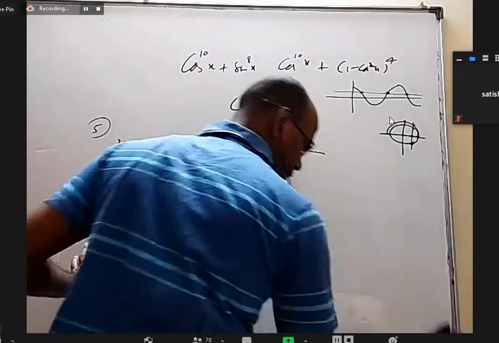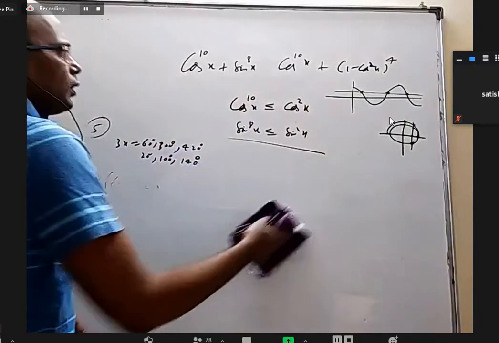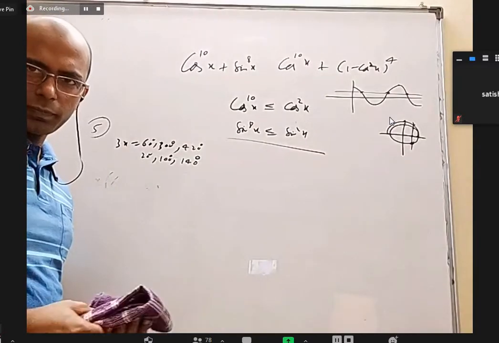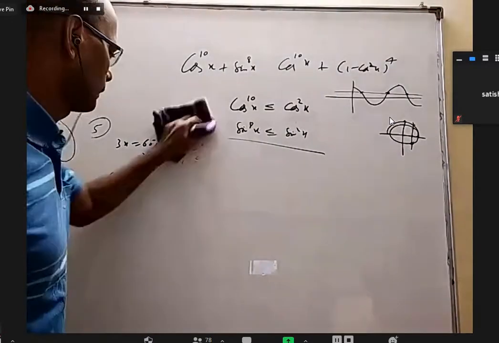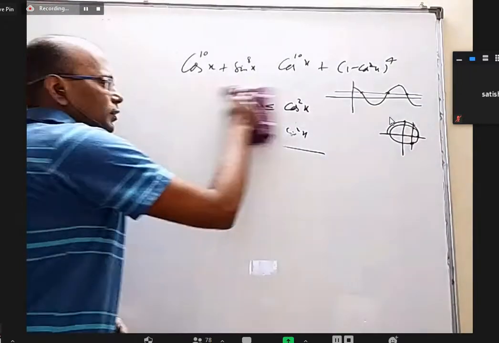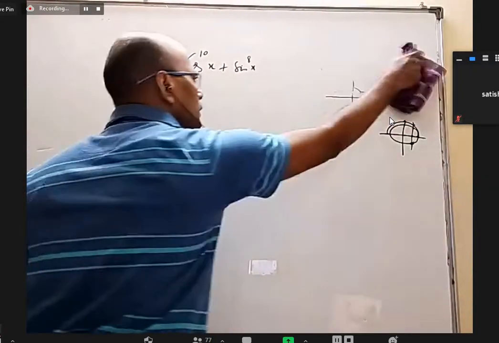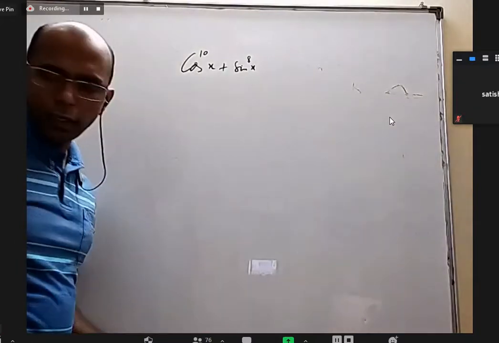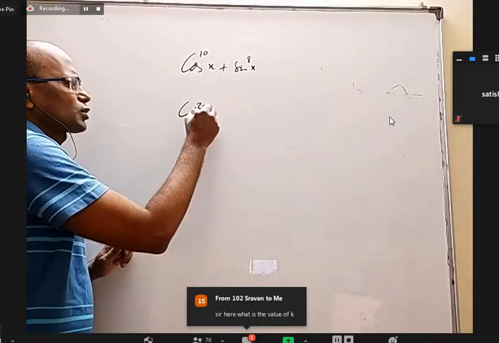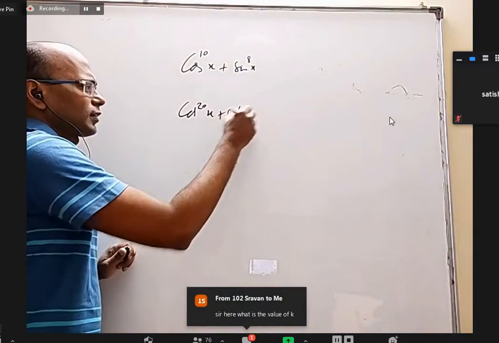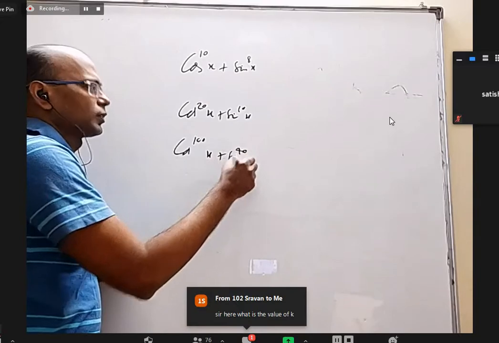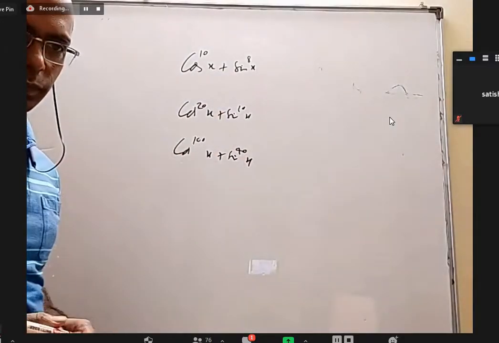Sir, minimum cannot be 0, sir. No, because both cannot be 0 simultaneously, right? And it cannot be less than 0. So it will be between 0 and 1 only. And that minimum keeps changing as you change the numbers. For example, if I take cos 20x plus sine power 10x, cos 100x plus sine power 40x, all these have maximum unknown.